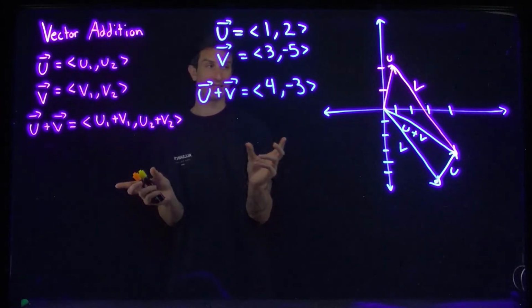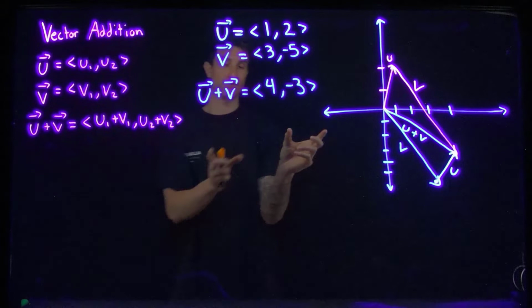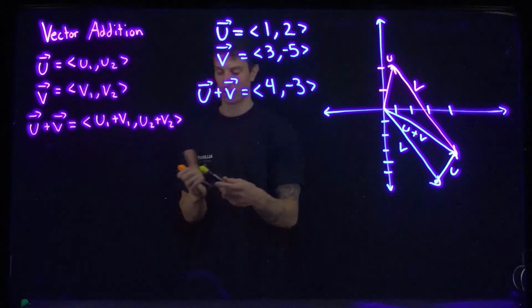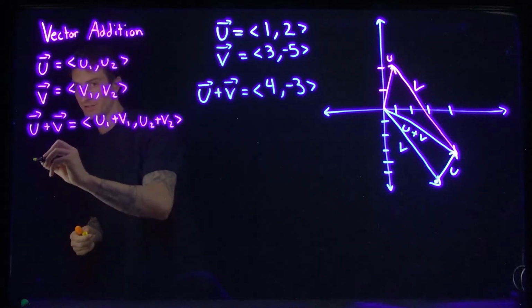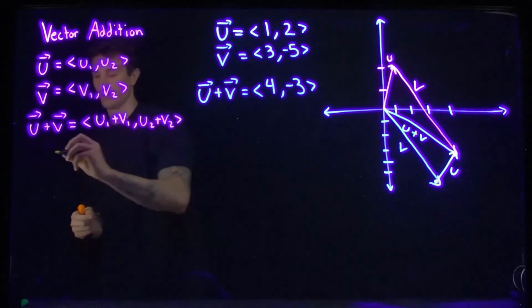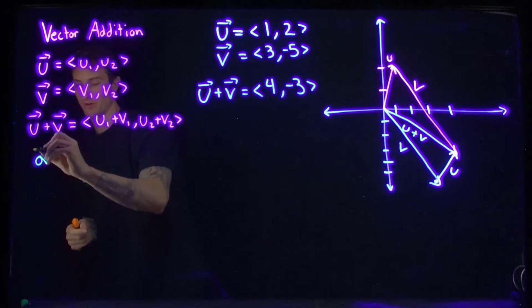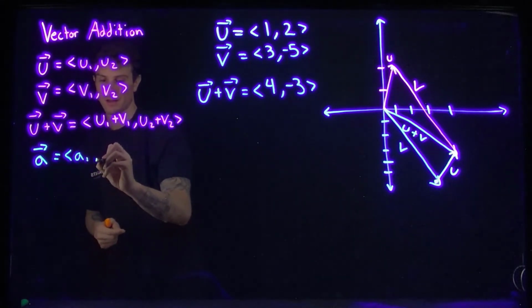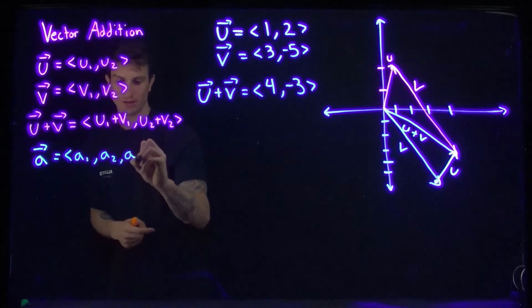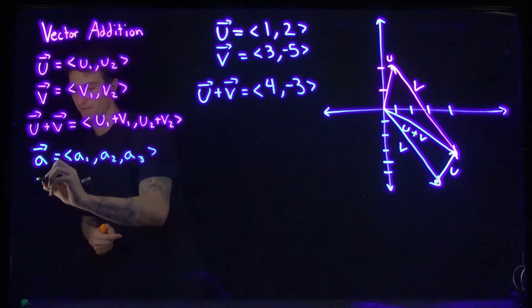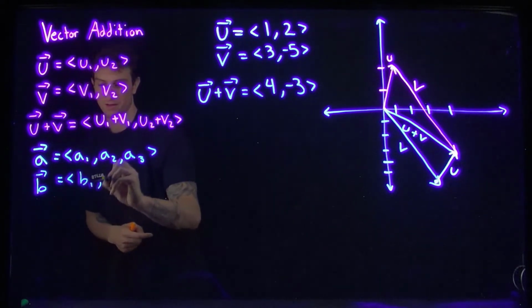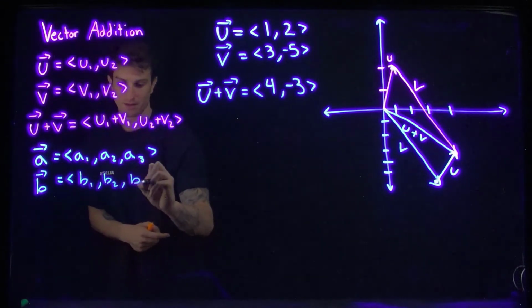You can imagine if we extended this into 3 dimensions for a vector, it's going to be the same. You're just going to add component-wise, but I'll specify. So I'll do a different one. Let's do A, even though we don't normally use A to denote a vector. And it has little a1, little a2, and little a3. And let's say we have a b vector, and we'll have little b1, b2, and b3.